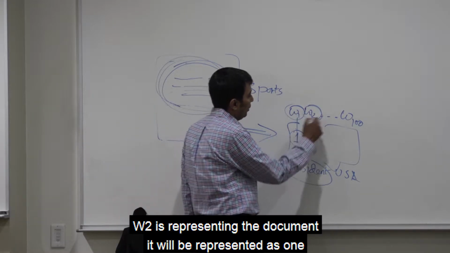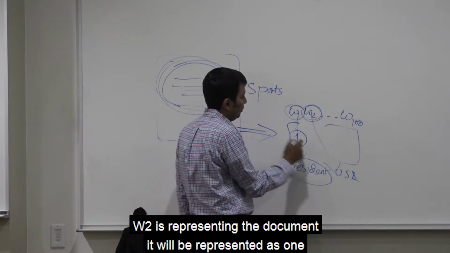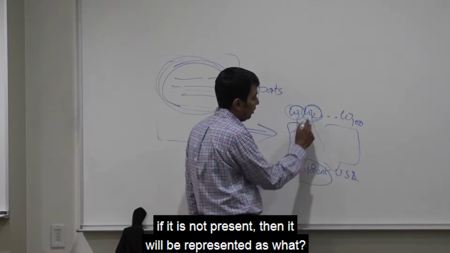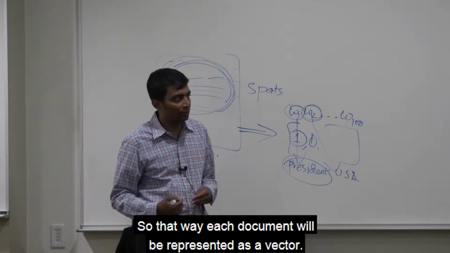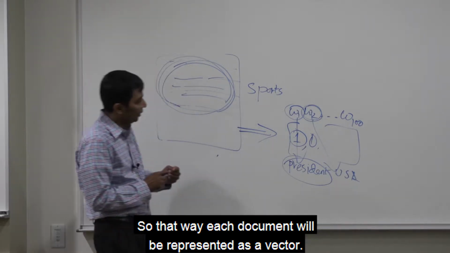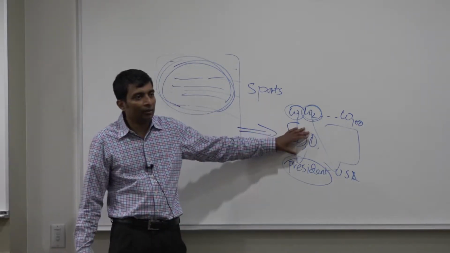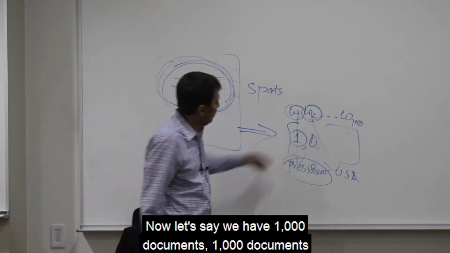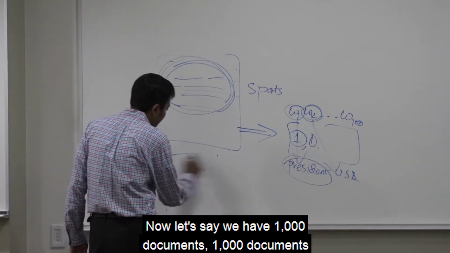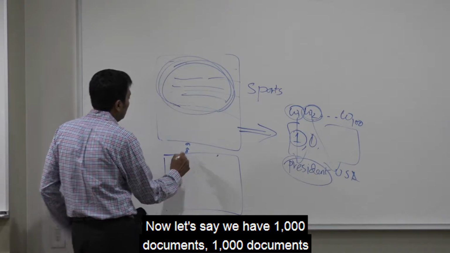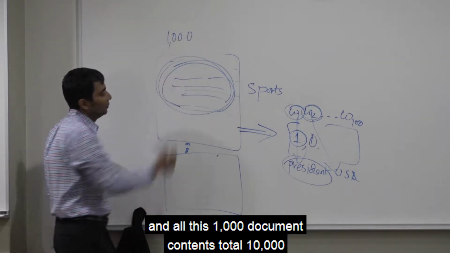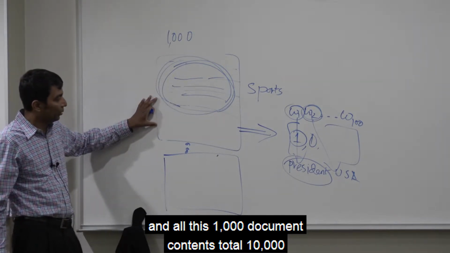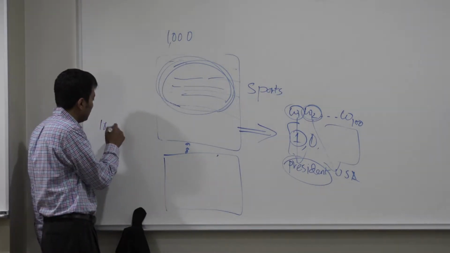Then if the word W2 is present in the document, it will be represented as 1. If it is not present, then it will be represented as a 0. So that's called binary representation. That way each document will be represented as a vector. Now let's say we have 1,000 documents, and all these 1,000 documents contain a total of 10,000 distinct words.